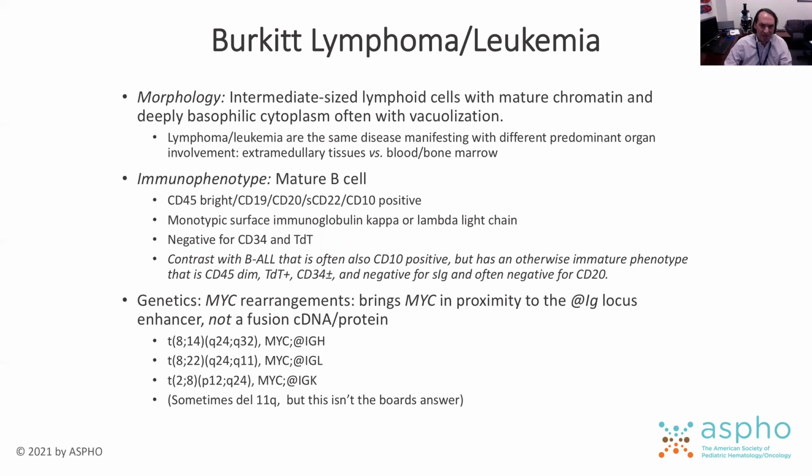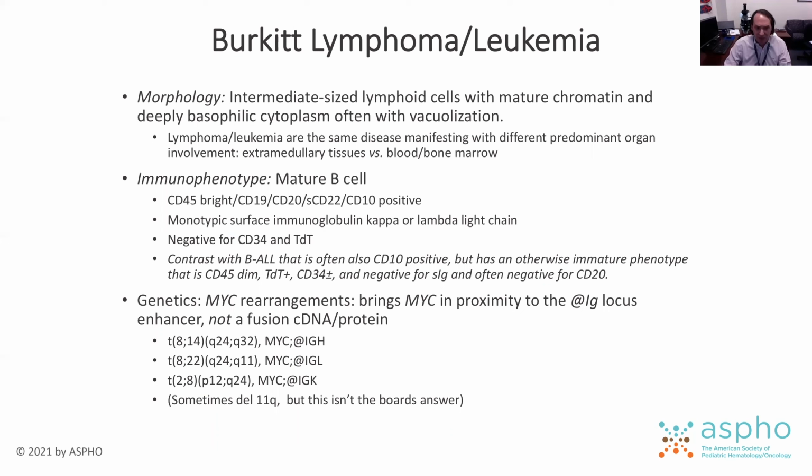The immunophenotype, as I said, is a mature B cell that expresses B lineage markers, clonal surface immunoglobulin, kappa or lambda light chains. It's negative for immaturity markers like CD34 and TDT. And as I said before, it's important to make the distinction that CD10 positive neoplasms are not all lymphoblastic leukemia. They may be Burkitt lymphoma with a leukemic phase.